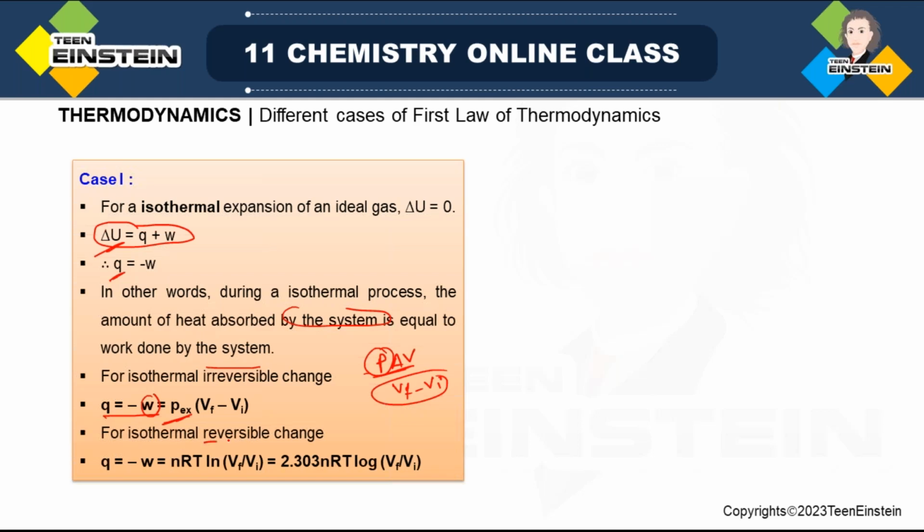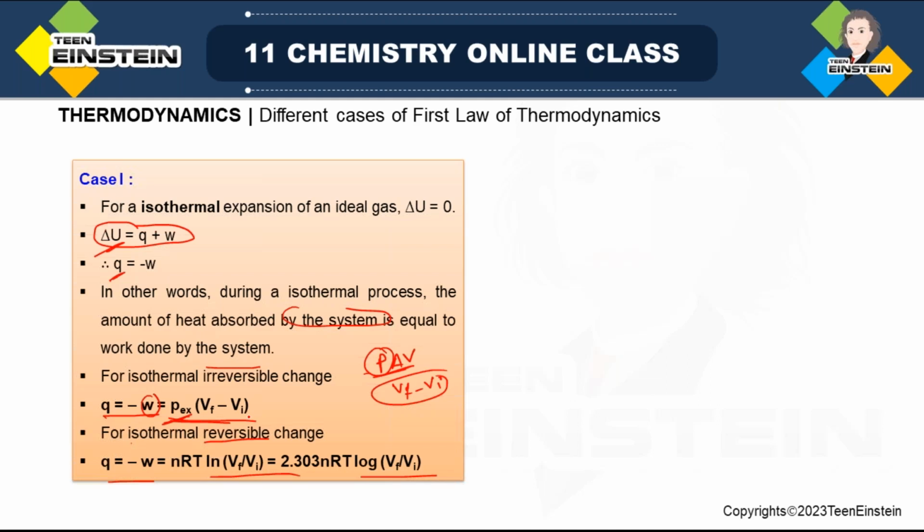Now, if it is reversible but also isothermal, then we use this expression. How are we reaching this expression? By integration, that we have seen in the last class. Remember? In that case, minus W, this term we have integrated: P external is first replaced by P internal, and then we do the integration from the limit Vi to Vf.